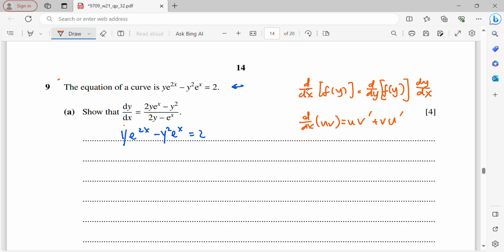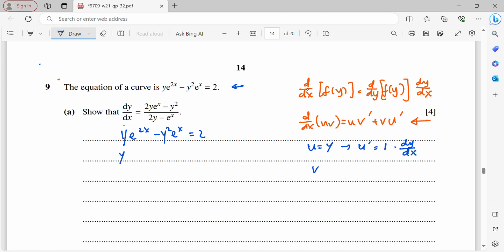Okay, so at the same time I apply the product rule. Firstly I keep the y because my y is the u. Let's say I write here u equals y. So u prime is 1 times dy over dx.